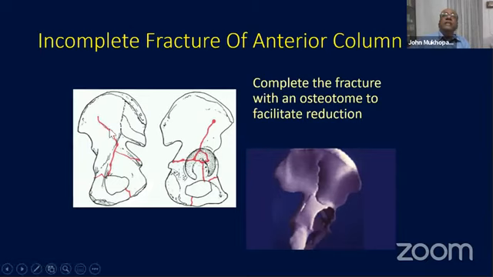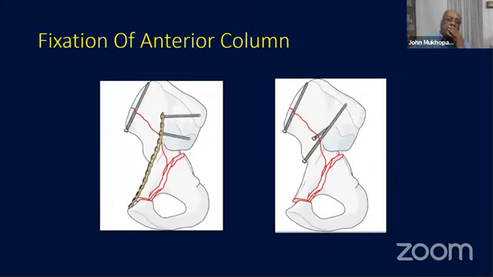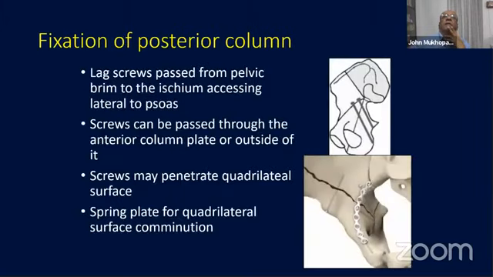So sometimes you may actually need to complete the fracture to get your reduction, because when it's incomplete, it's kind of impacted, and then it's very difficult to get it out unless you complete the fracture. So this happens sometimes. You can put your clamps in different ways to reduce your fracture line, and you need to get your fracture line nicely reduced and then continue with your fixation and plating.